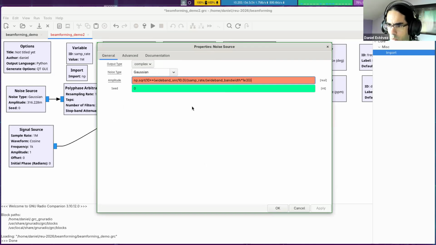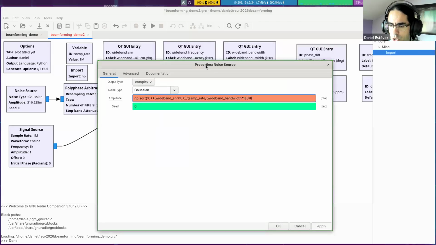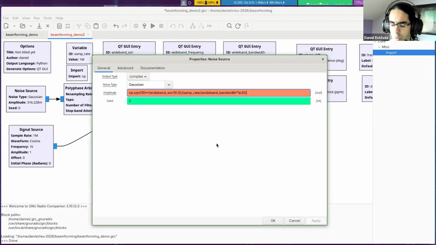So then, what's the reason for this? Basically, something that we will do is we will use power of 1 on the noise floor of each receiver, and that's the power across all the bandwidth, so across the 1 megahertz bandwidth.